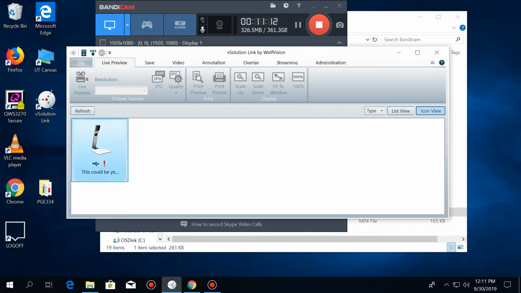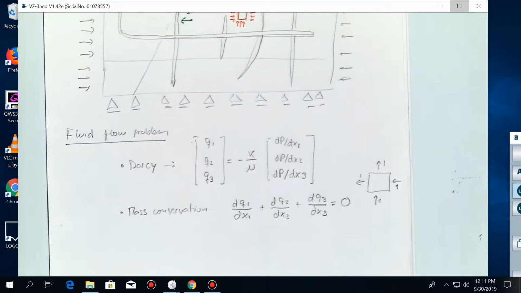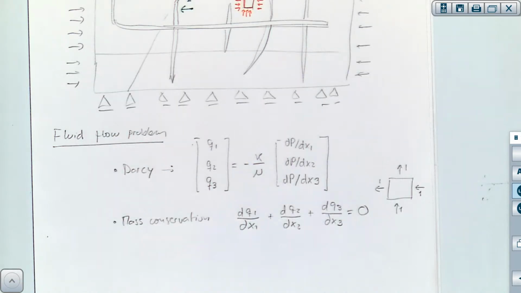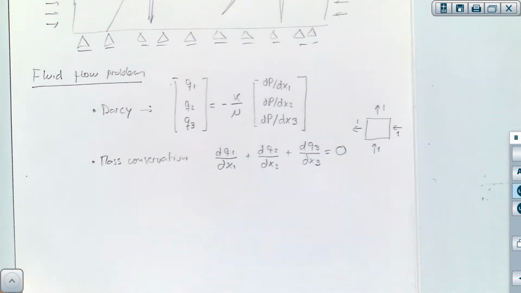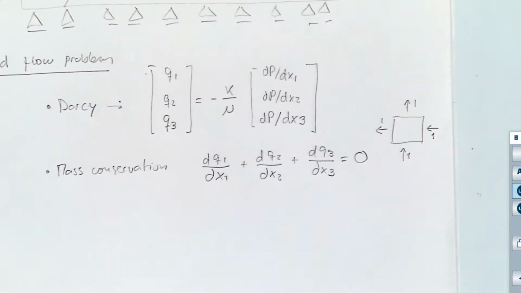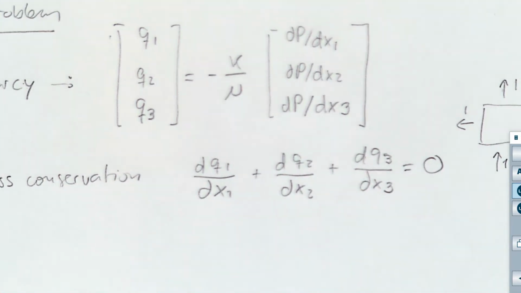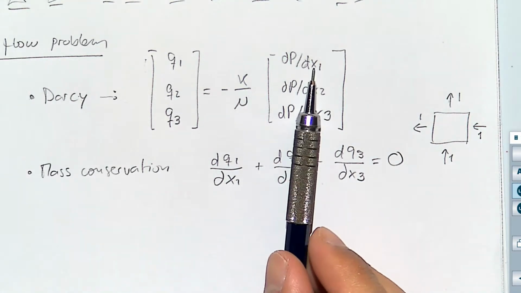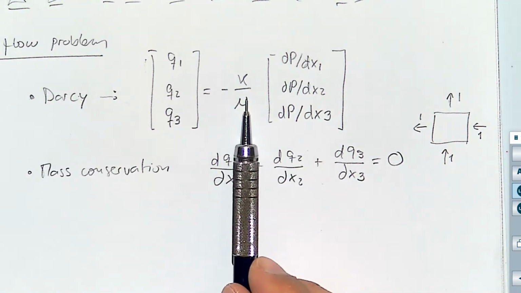So, okay, we're very close to what I want to get. All right, so if you combine these two equations, we know what Q1 is, right? Q1 is in the previous equation. Q1 is dp dx1 times this.